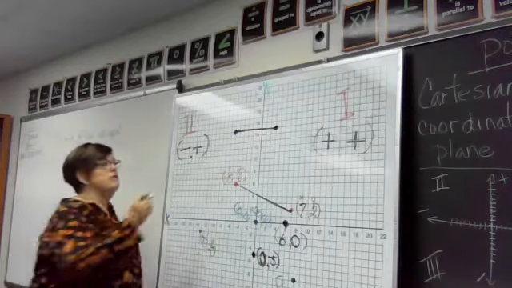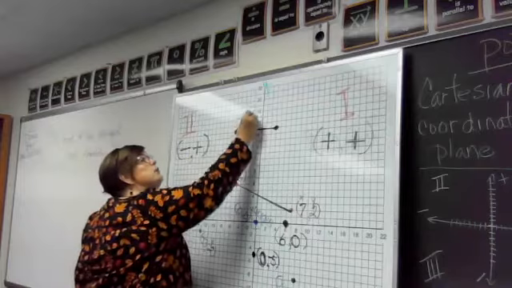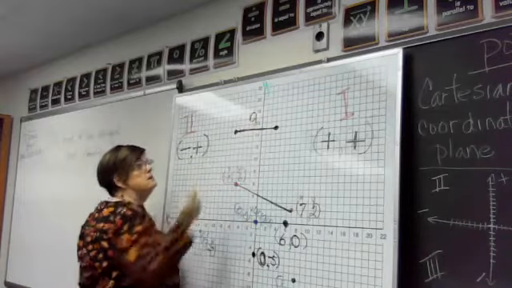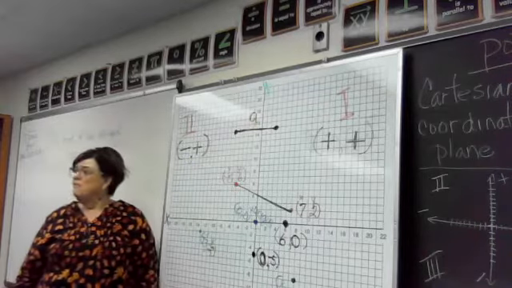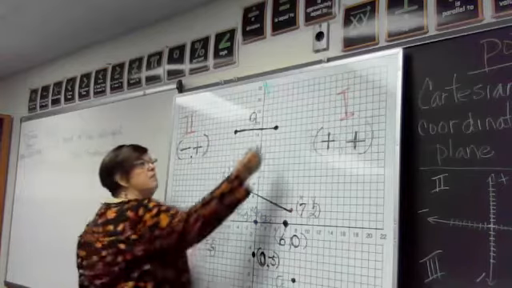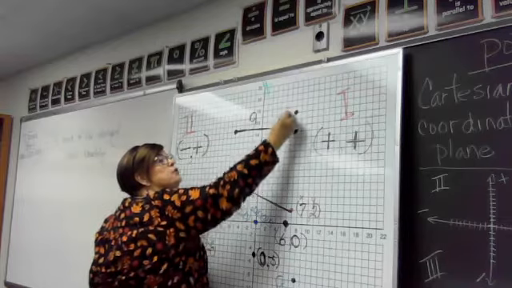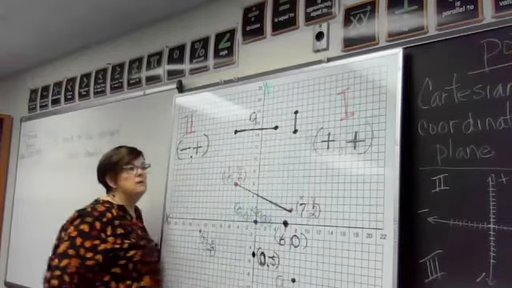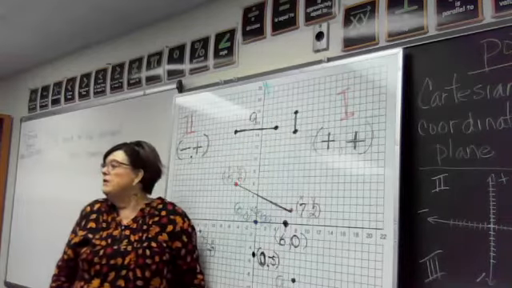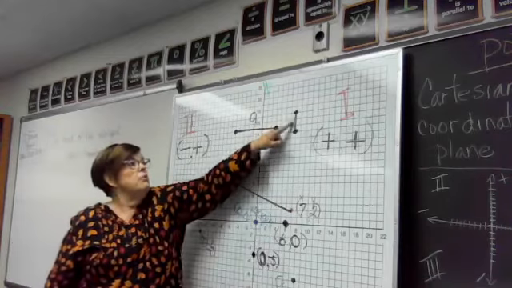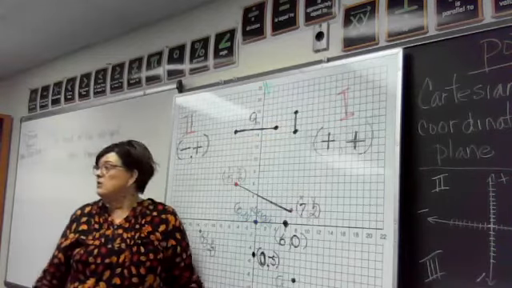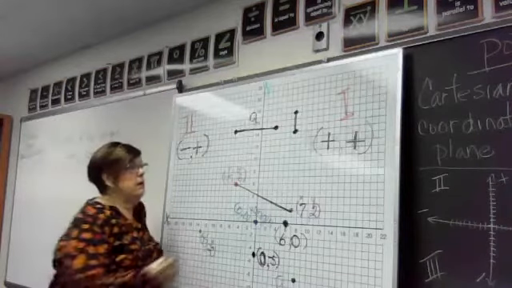And so the length of this, or the distance between the 2 points, is 9, right? Very easy. And the same thing here. If I had 2 points and joined those for a segment, it's very easy to find the distance. Start here, 1, 2, 3. The distance is 3, okay?